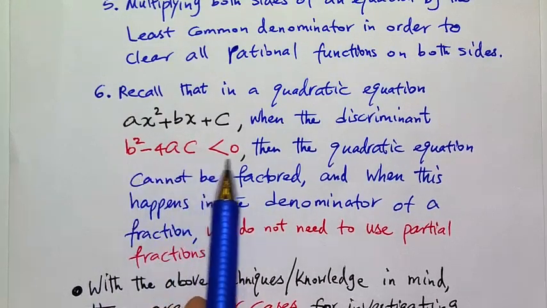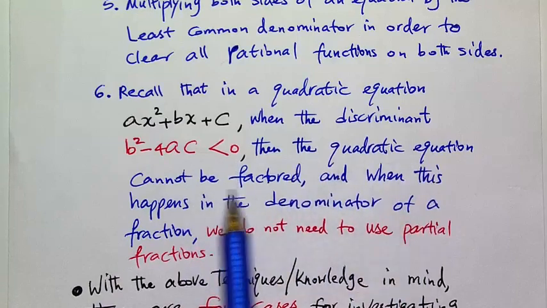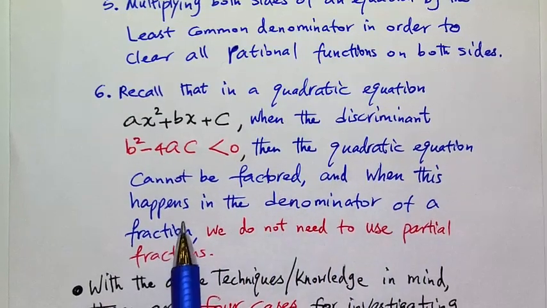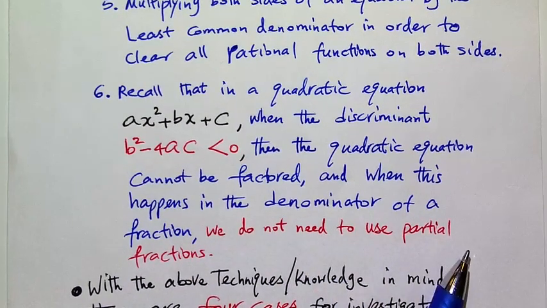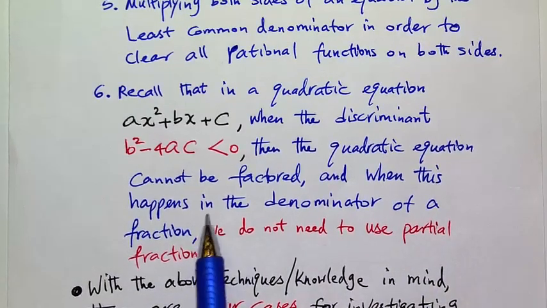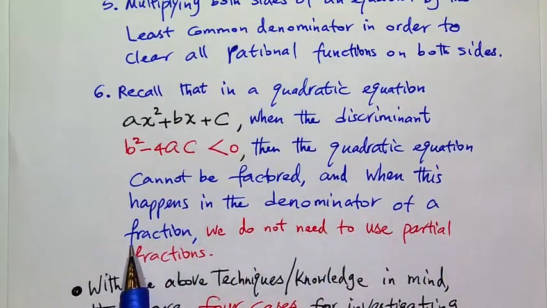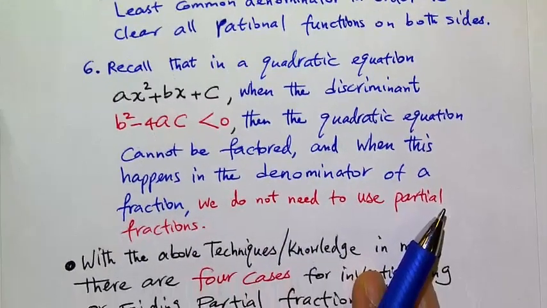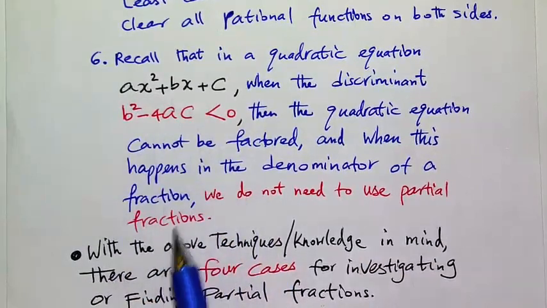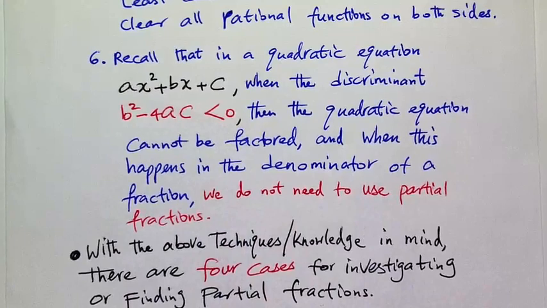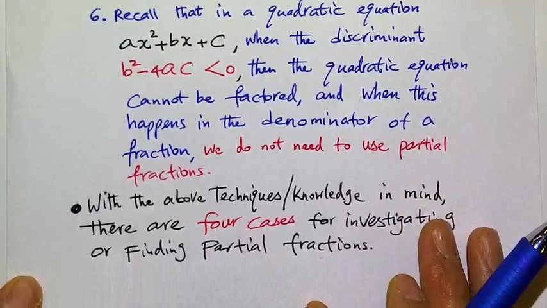And when this happens in the denominator of a rational function, we do not need to use partial fractions. So this is a test. If you have a quadratic function, quickly do this test. If the discriminant is negative, then you don't have to use partial fractions. There are other techniques we should use.